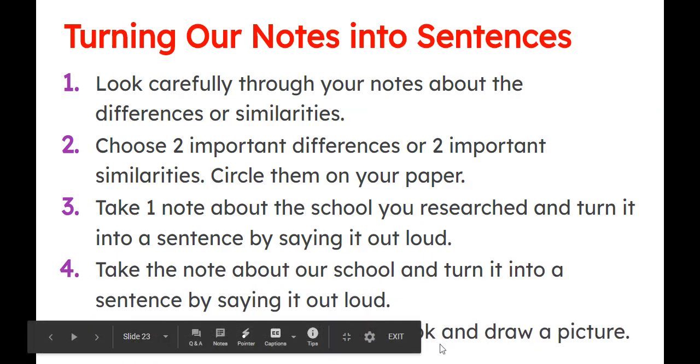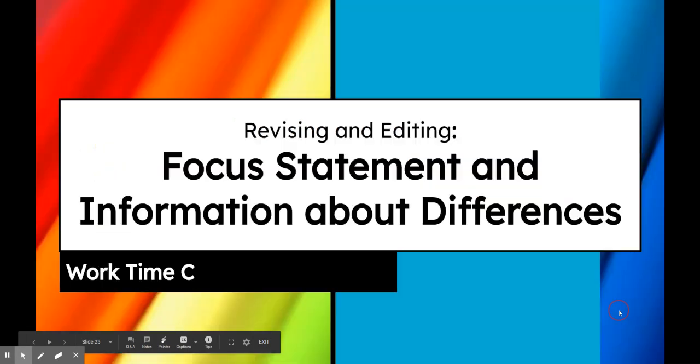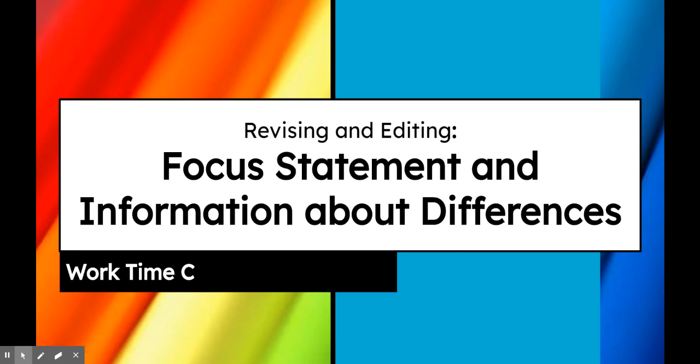And then we will write these sentences in your book and draw a picture, which I don't think we're going to be drawing pictures in our book since we are digital right now, but that's what you could do.